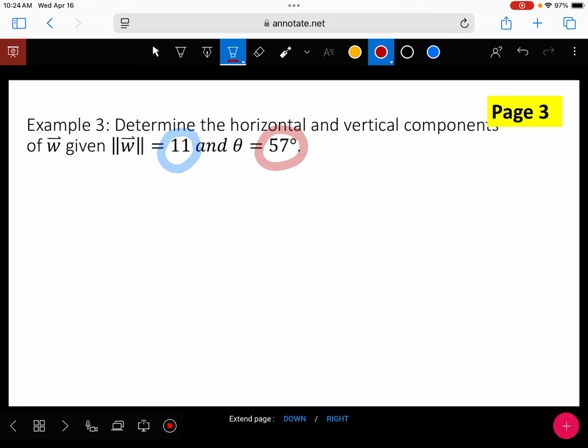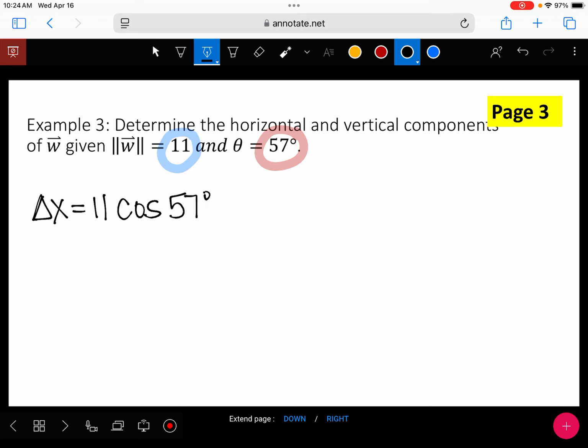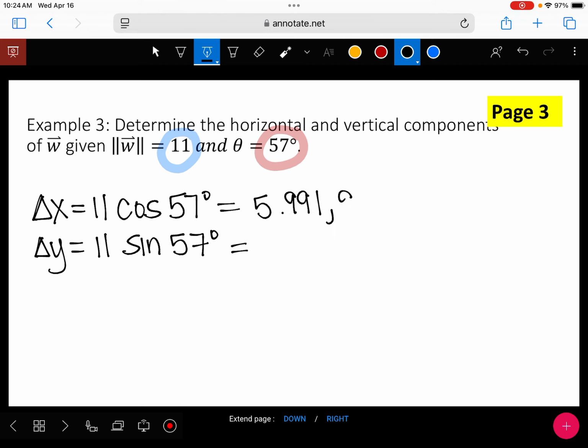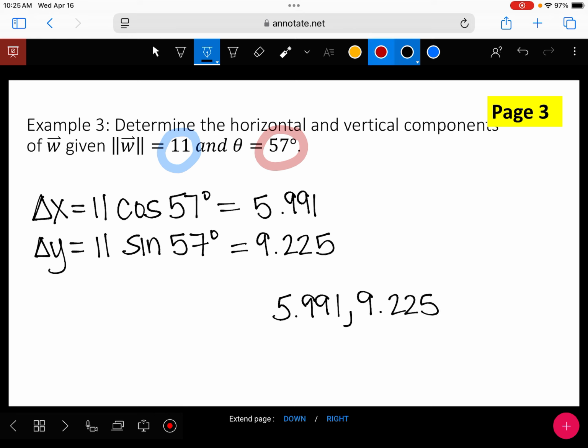Pause the recording and find them and see if we get the same thing.